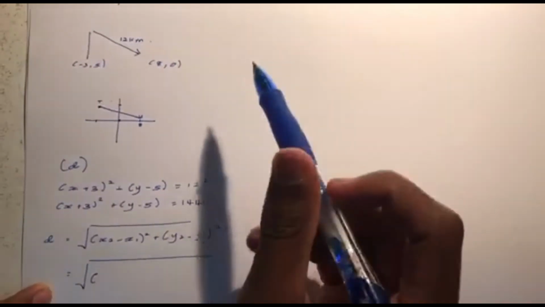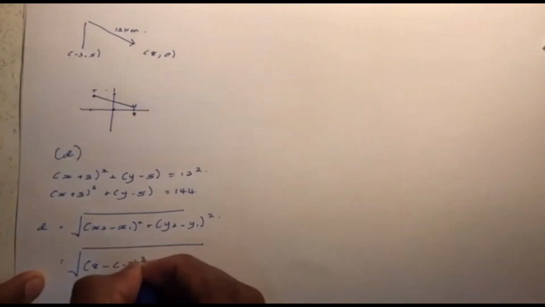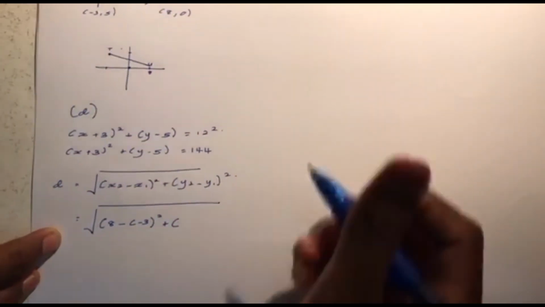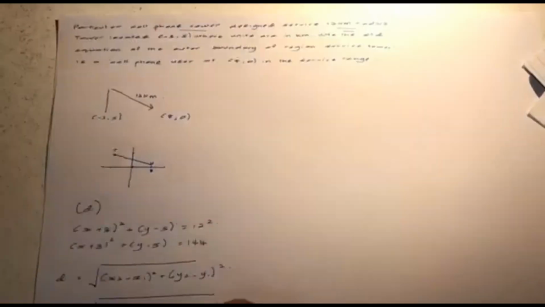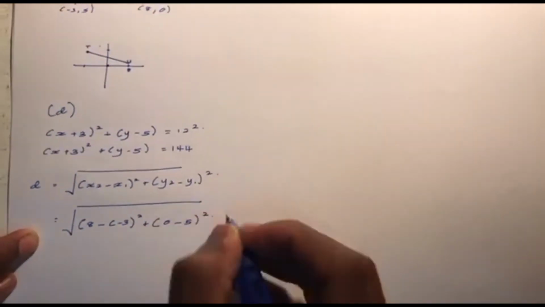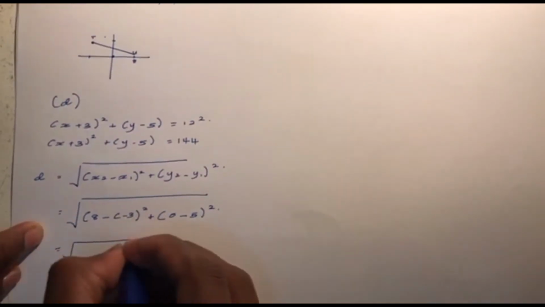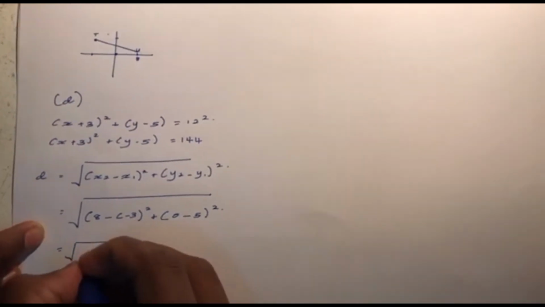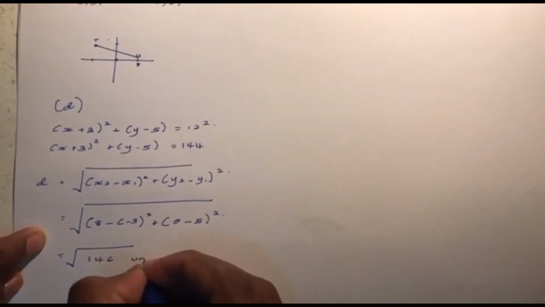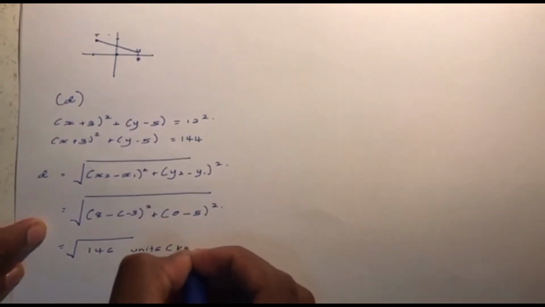Since the point is here, 8 minus 3, note this, it's very important. Now y is 0 here, minus 5, as you know the tower is at 5, squared. When you use the calculator, you're going to get the square root of 146, in units, also known as km in this question.